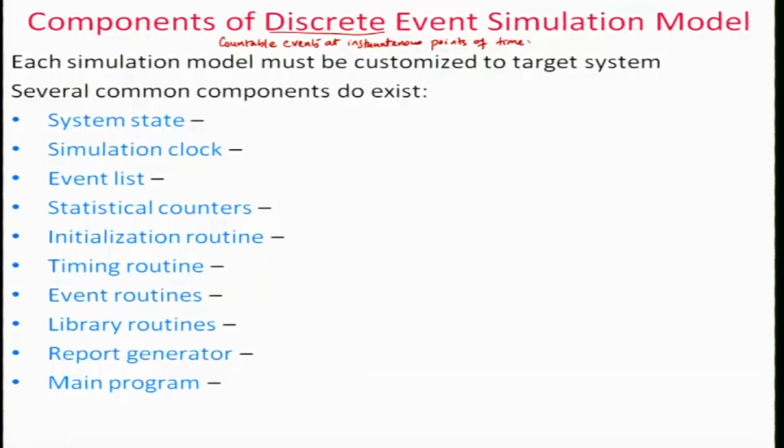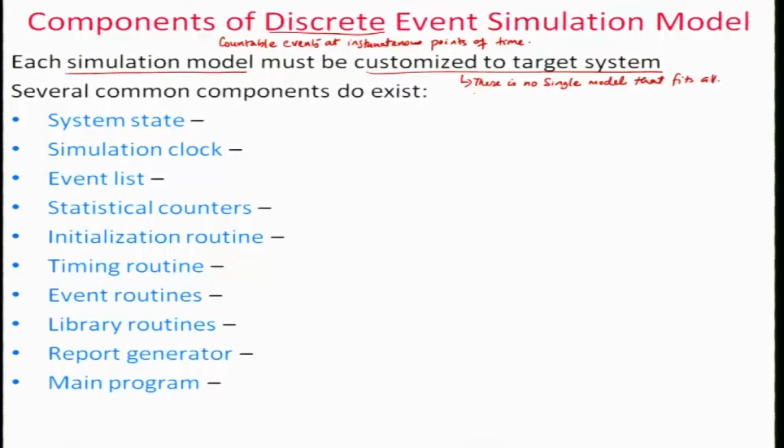We are talking about a discrete system, and the trick with simulation is that each simulation model has to be customized to the target system. The most important thing you need to realize is that there is no single model that fits all. It is all dependent on the target system.